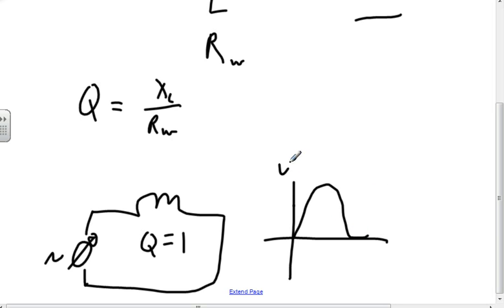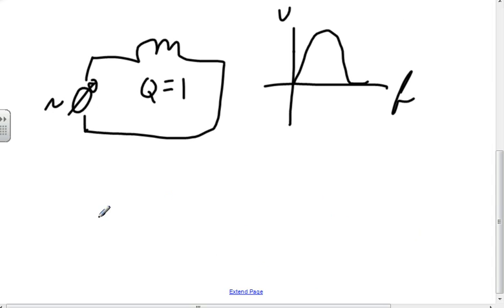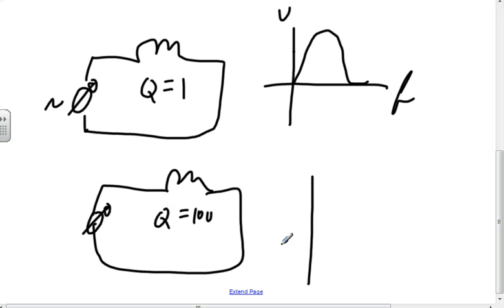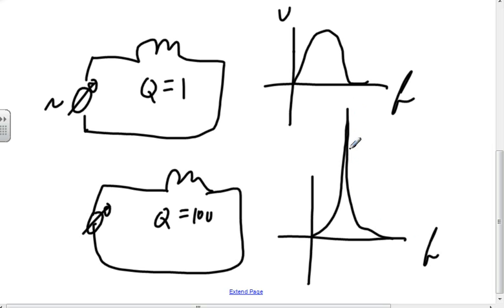I see a voltage to frequency curve looking like that. If I do the same thing and I have a quality factor of 100, and I look at my voltage versus frequency curve, I end up with something that shoots up like that and down like that. High quality. Very, very distinctive in what it looks like.